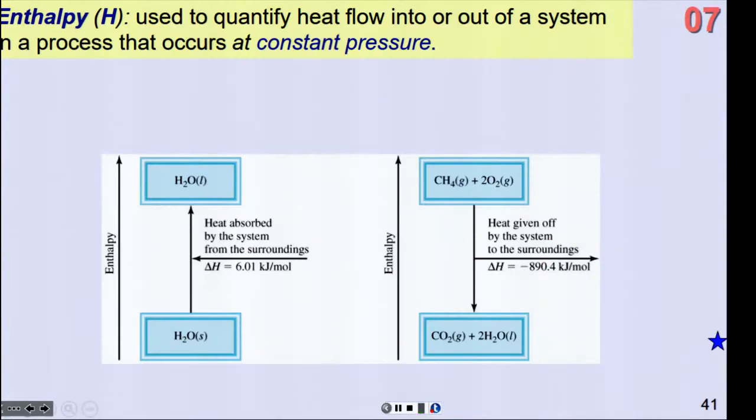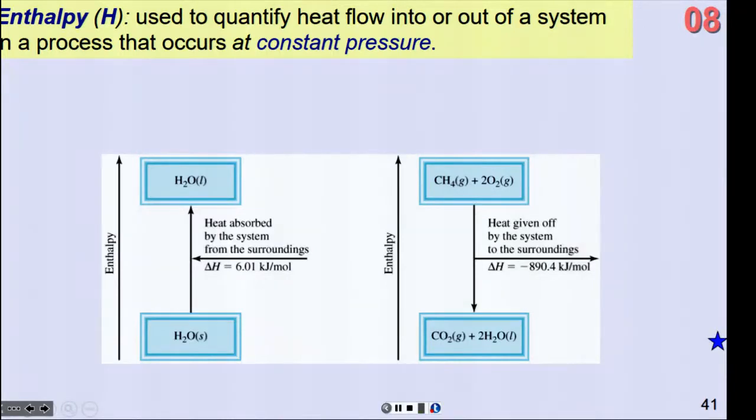So enthalpy is heat, remember. And we think about it as we're looking at heat flow in or out of the system in a process that's at constant temperature. In other words, we don't have closed containers and sophisticated, challenging things to work with. We'll keep it to simpler systems. And these enthalpy changes can be thought about in terms of these simple examples here.